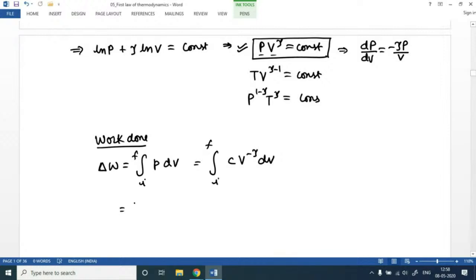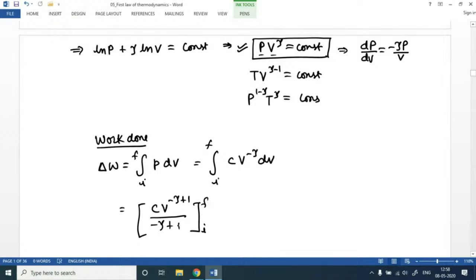And when you integrate this, what you will be getting over here is C into V to the power minus gamma plus 1 upon minus gamma plus 1 over here, from some initial to final state. Sorry, in denominator we are having minus gamma plus 1.